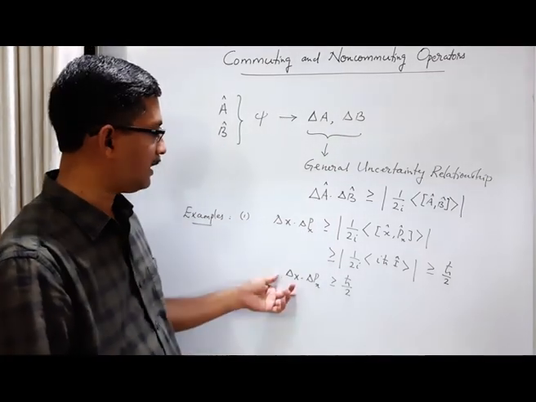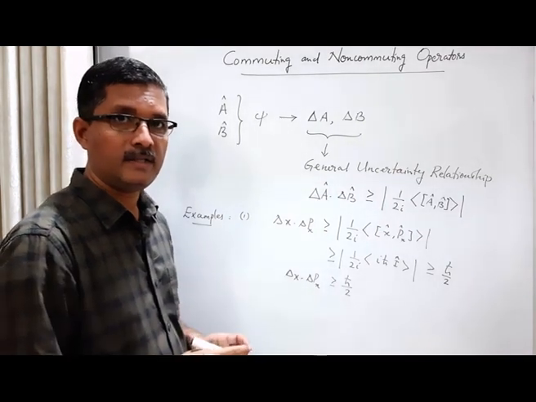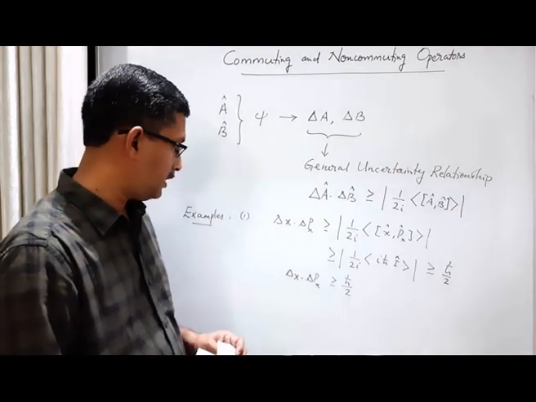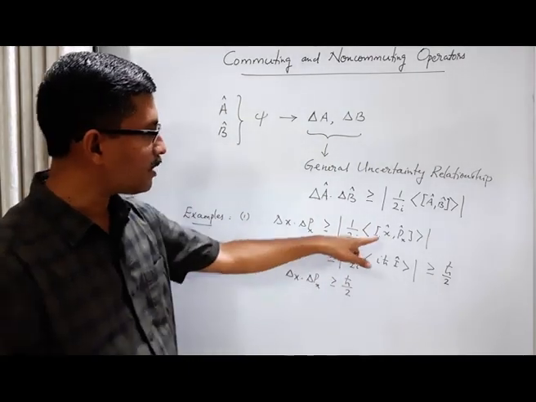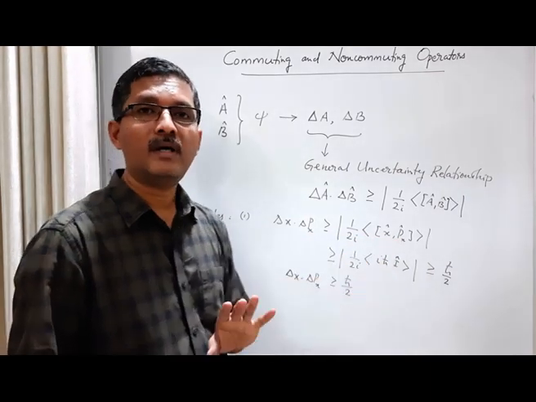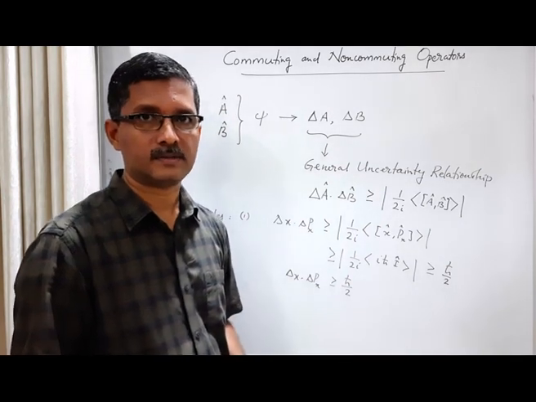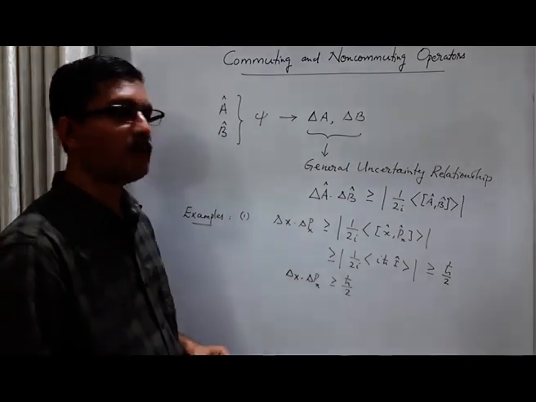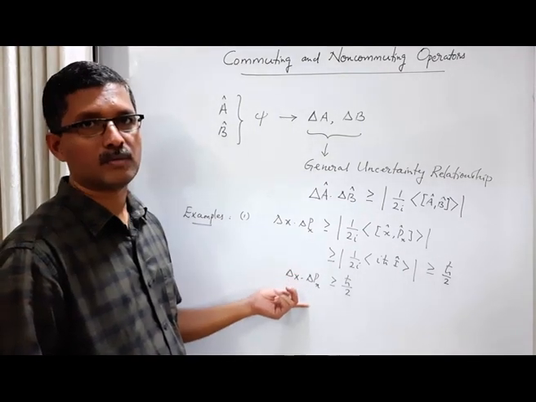So this is an example of the general uncertainty relationship between any two non-commuting operators. And understand that this commutation rule x, px equal to i h cross identity is shared between a pair of canonically conjugate operators, right? So any pair of canonically conjugate operators will satisfy this Heisenberg's commutation rule.